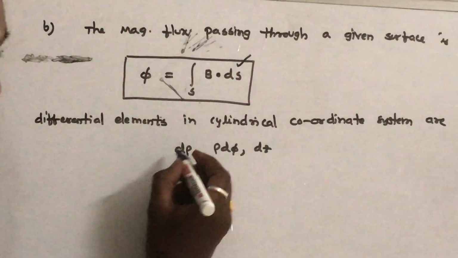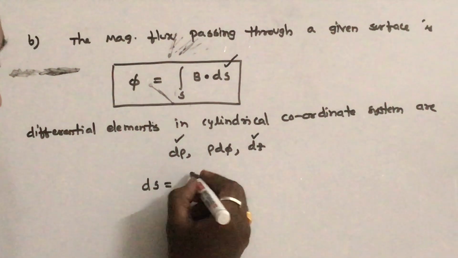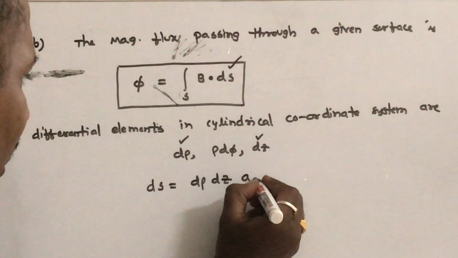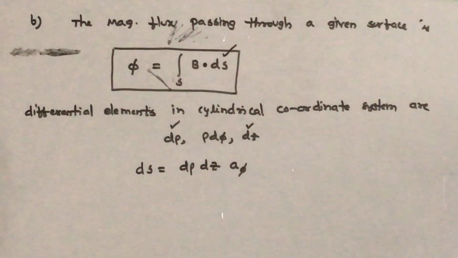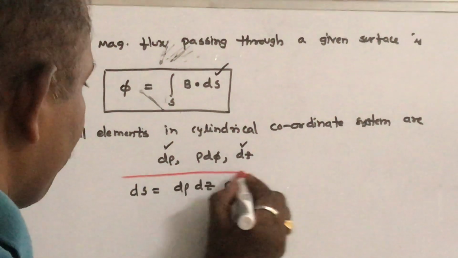So what dS do we take? We multiply d rho and dz and leave out d phi, because rho and z are varying, and we want to find the flux along the A phi direction. So this dS we use in the formula.